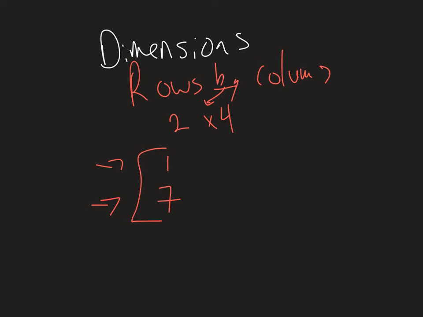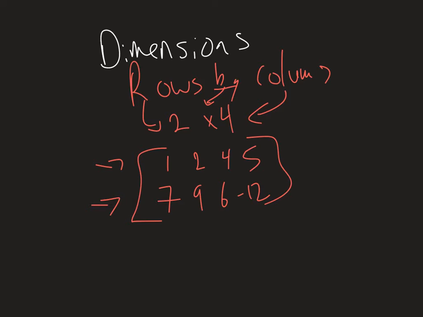And then we'll have 4 columns. Rows come first, columns come second. So my 2 by 4 matrix, as an example, would look something like this. This could be an example of a 2 by 4 matrix. I'm just making it up on the spot to give an example.